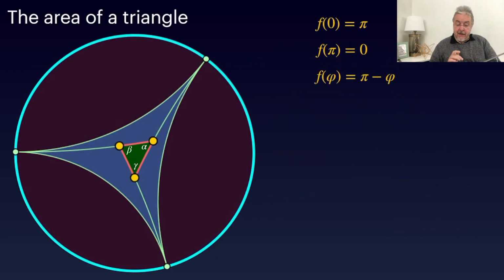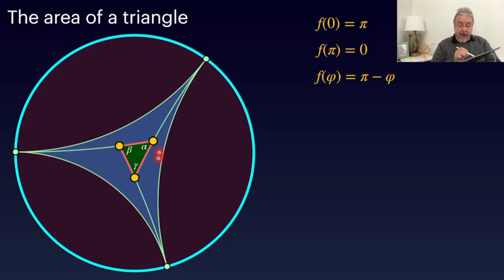And now the next trick is to reduce a general area to this special case. So we know we have this situation here. This little f of 0 is pi, little f of pi is 0, or more generally, little f of phi is pi minus phi.